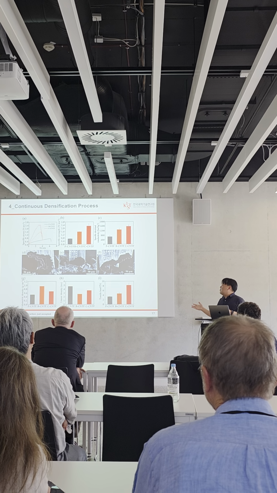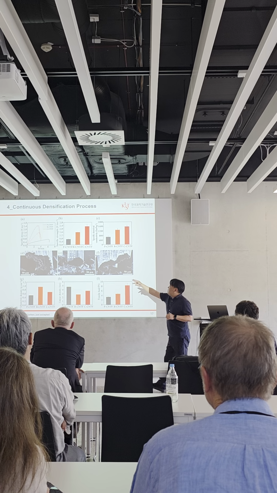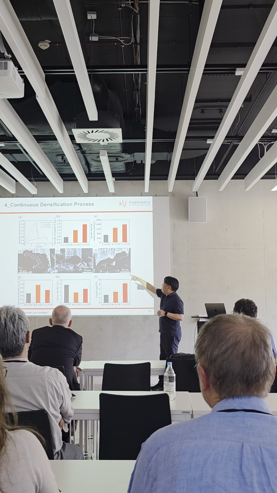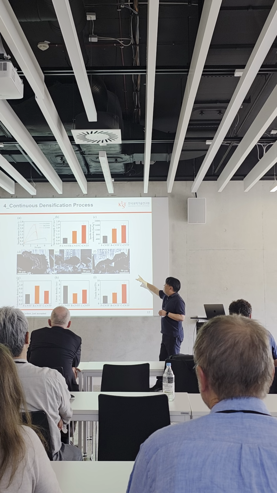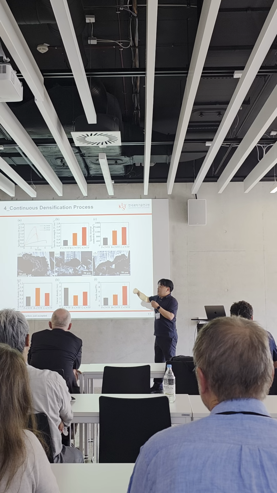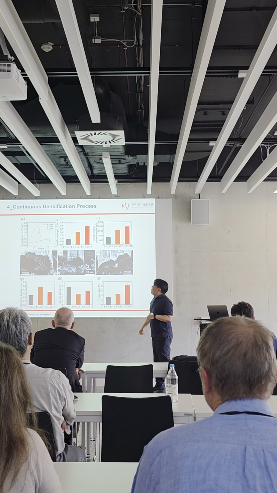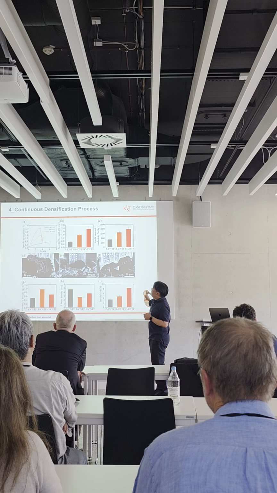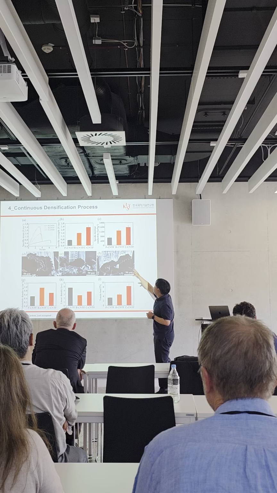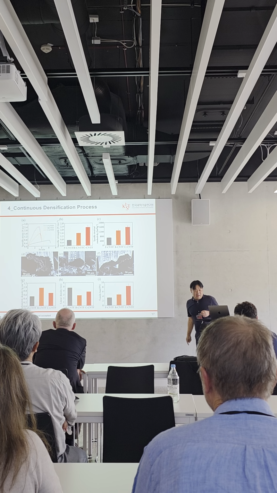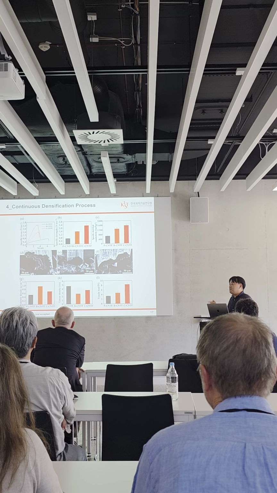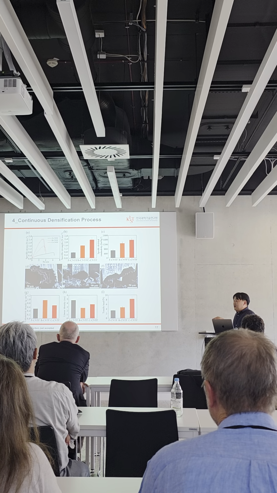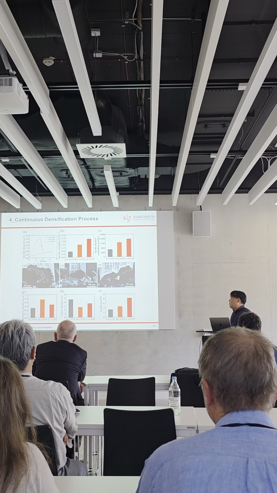Some interesting things: this is the batch process and this is the continuous process, and the shape of the fiber is very different. Because it's an 80% stretch, the batch fiber is more compact. But the interesting thing is that the specific strength and specific conductivity of the continuously densified fiber are better than those of the batch process CNT fiber, even though the stretching ratio is smaller.